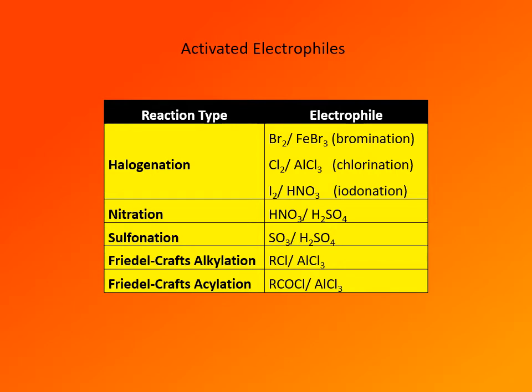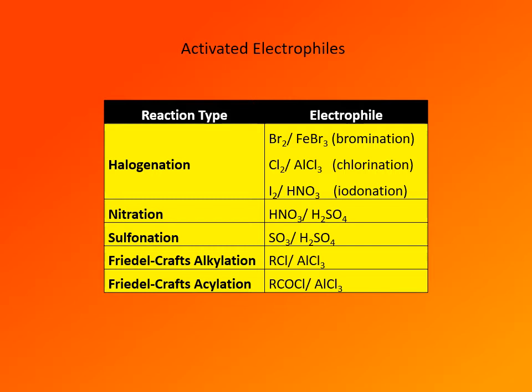Electrophiles that participate in electrophilic aromatic substitution are what we call activated electrophiles. Benzene ring is a relatively poor electron donor. For that reason, ordinary electrophiles that we have encountered, for example, in addition reactions to alkenes, are not reactive enough. They are not electrophilic enough to react with benzene ring.